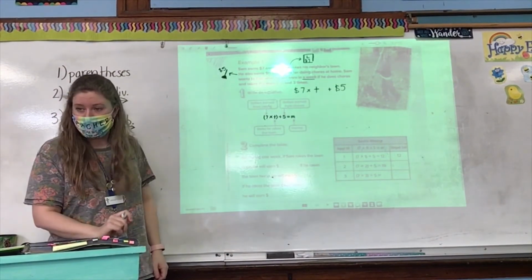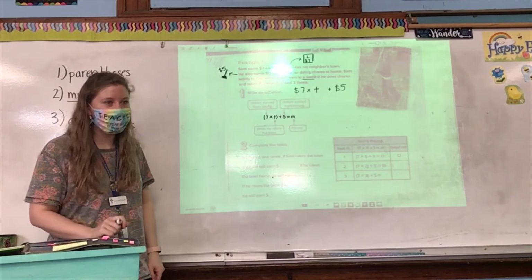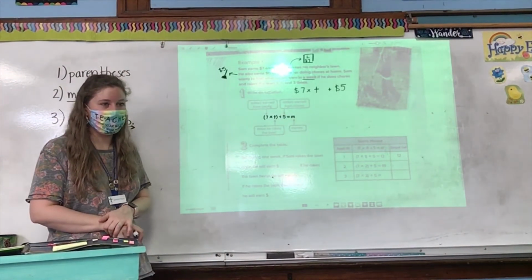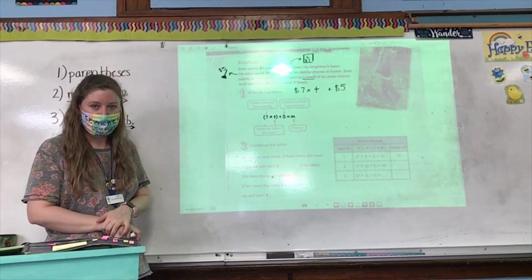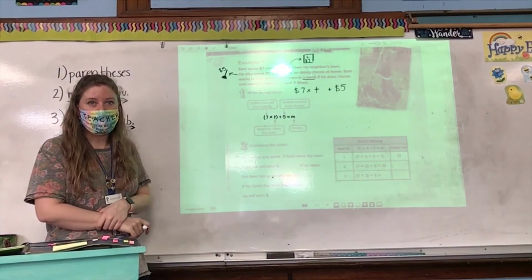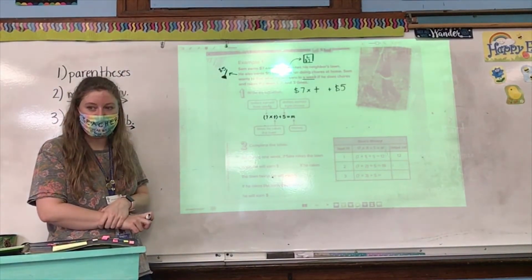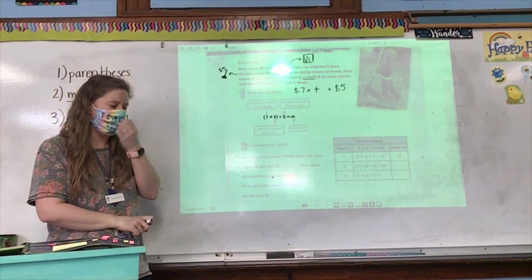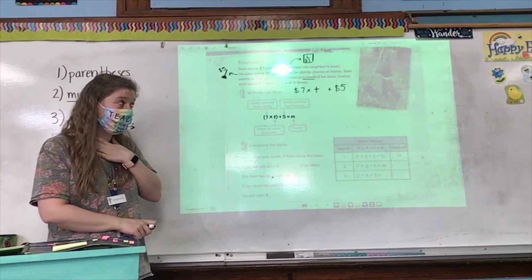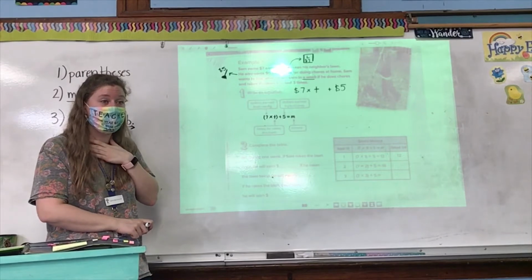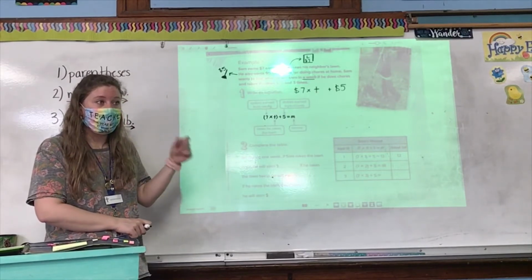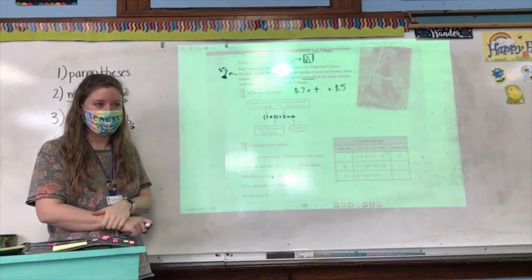So, everybody, get out a separate sheet of paper because we don't have enough space. Should have had you do that already. Go ahead and get out 2 because you're going to need 1 for the examples and guided practice, and then a separate one for independent practice.